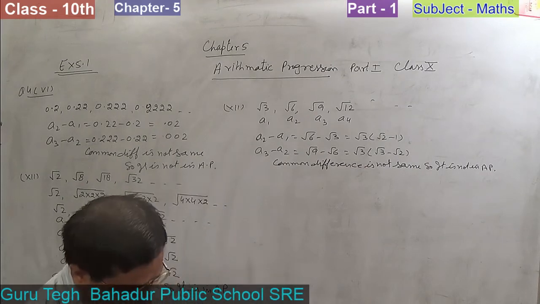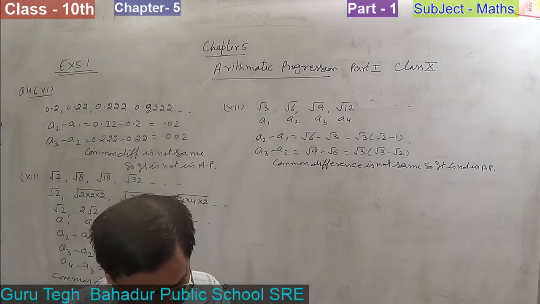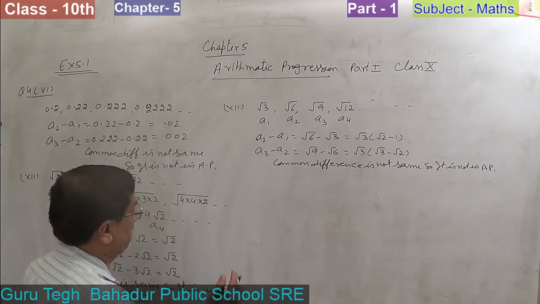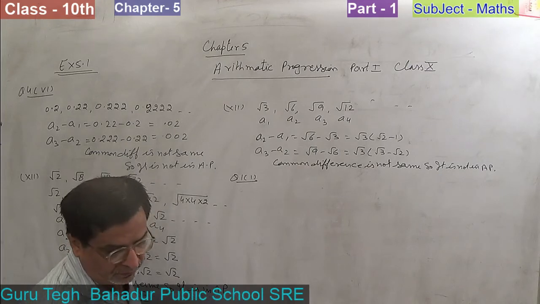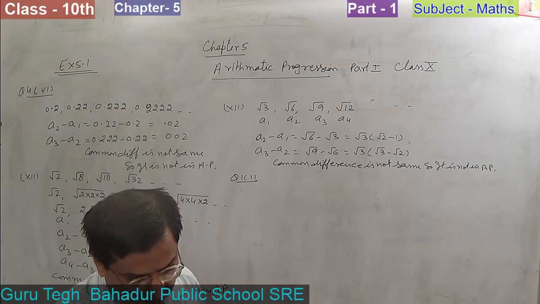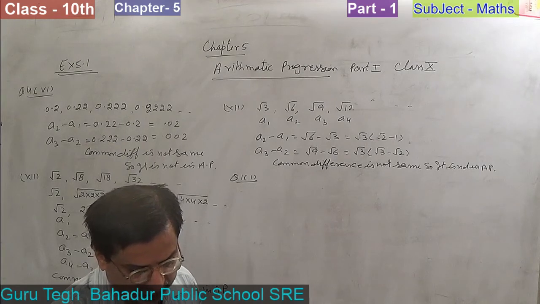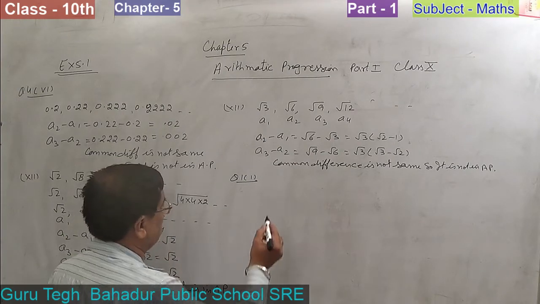Now see the question number first of this exercise. Like question first part, the taxi fare after each kilometer when fare is rupees 15 for the first kilometer and rupees 8 for each additional kilometer.